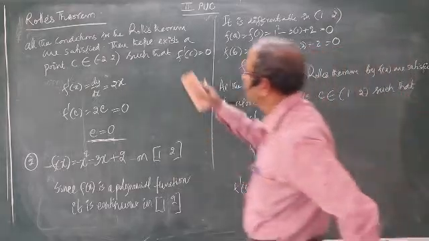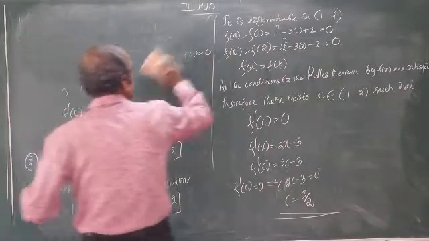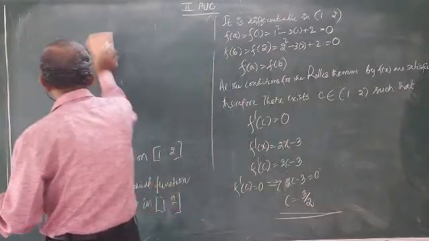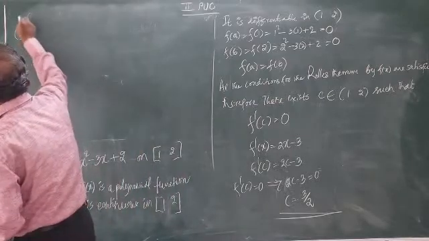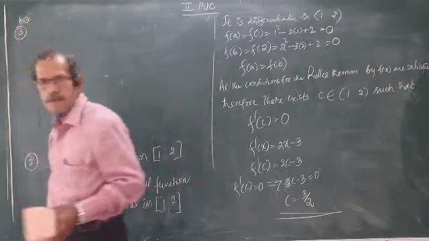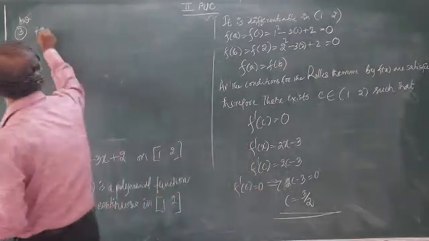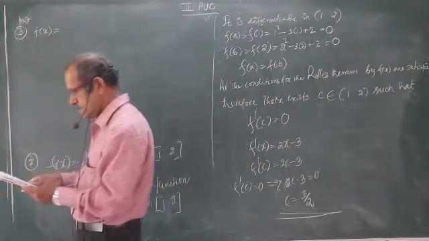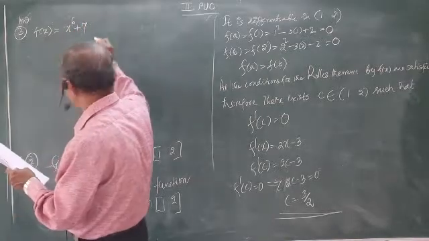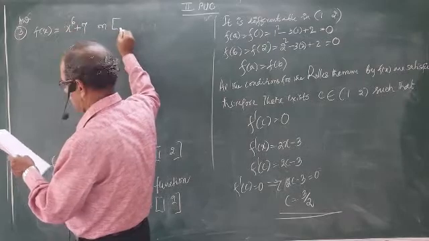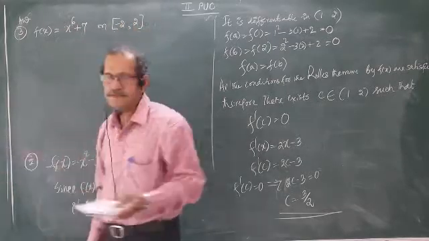Over. Now, one more problem for you to work out. Third one, homework. F of x equal to x to the power 6 plus 7 on minus 2, 2. Try to work out yourself.